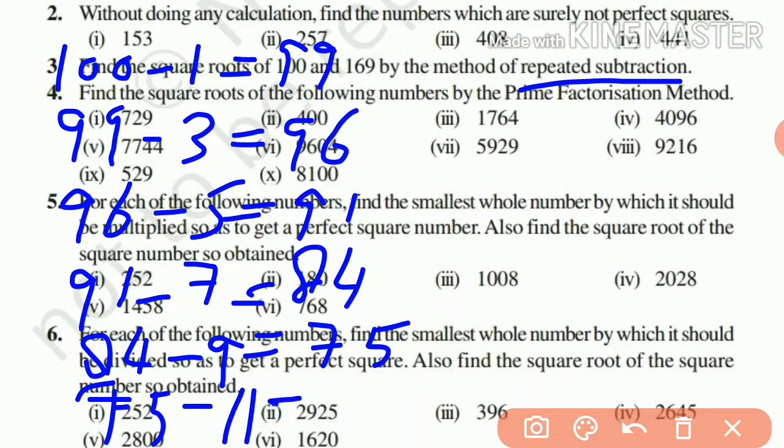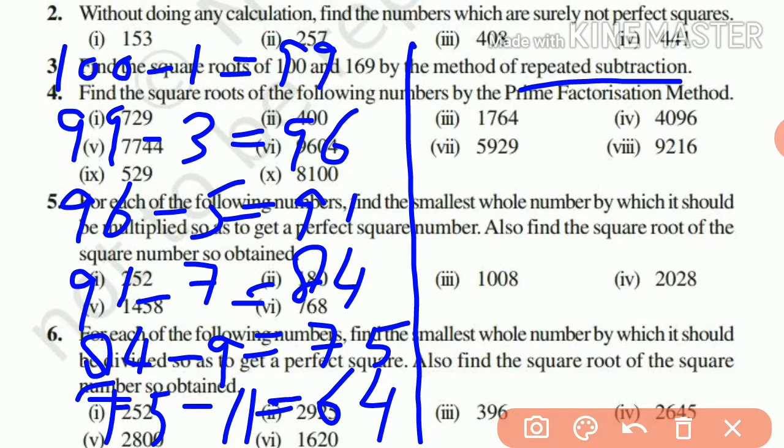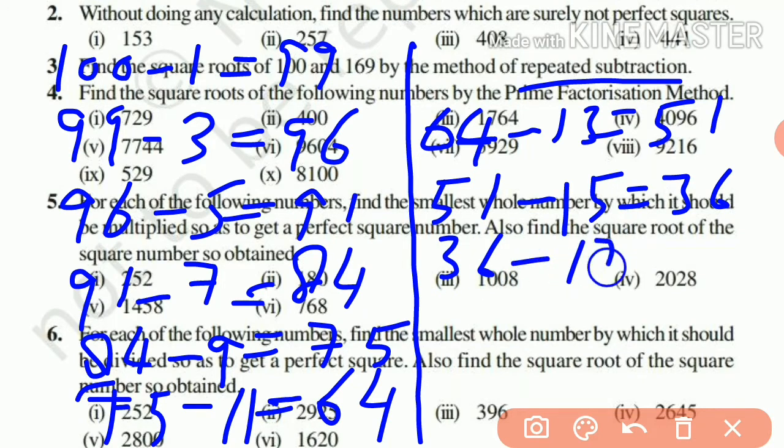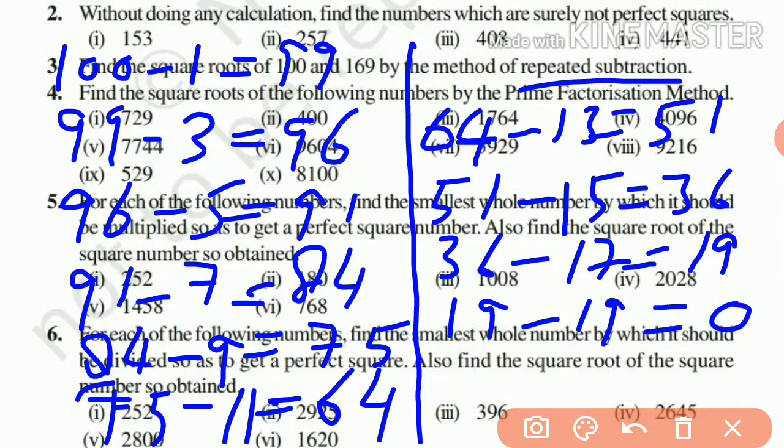11, this becomes 64, and again 64 minus 13, and this becomes 51, and then 51 minus 15, and this becomes 36, and then 36 minus 17, and this becomes 19, and then 19 minus 19, this becomes 0.